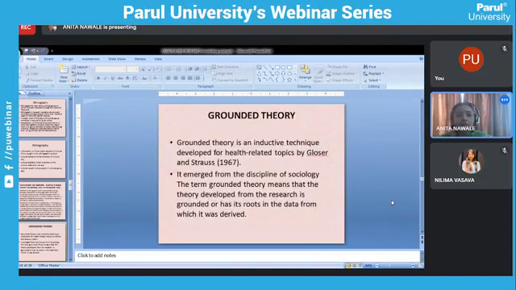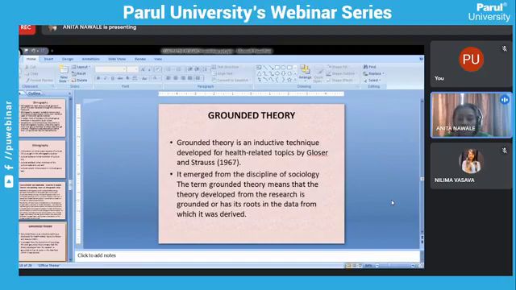The next method we have is grounded theory. Grounded theory is an inductive technique developed for health-related topics by Glaser and Strauss. It emerged from the discipline of sociology. The term grounded theory means that the theory developed from the research is grounded, or has its roots, in the data from which it was derived.